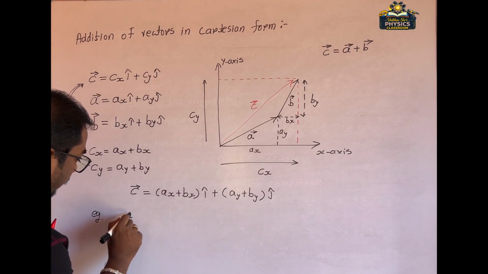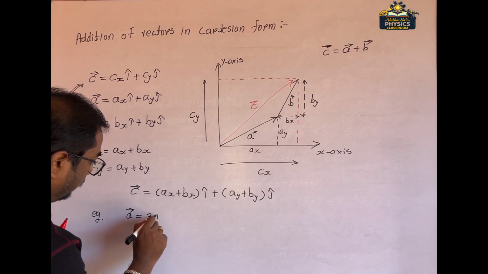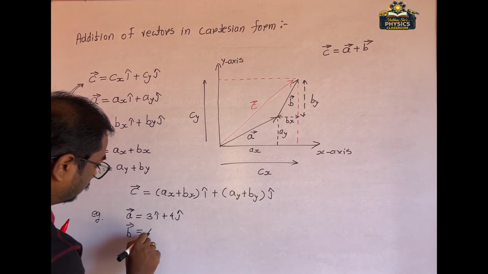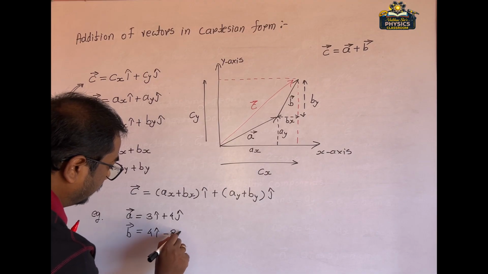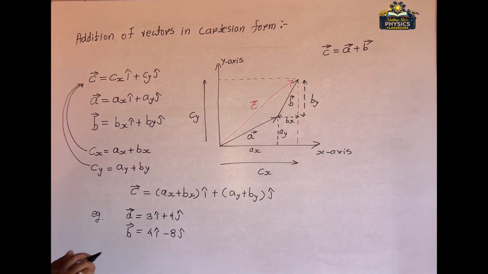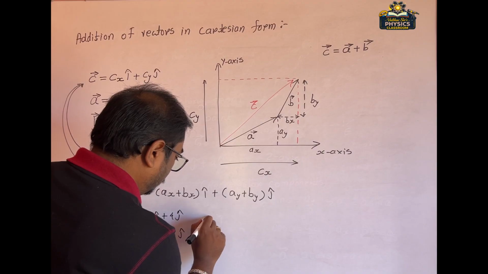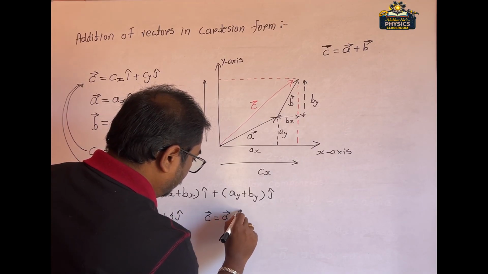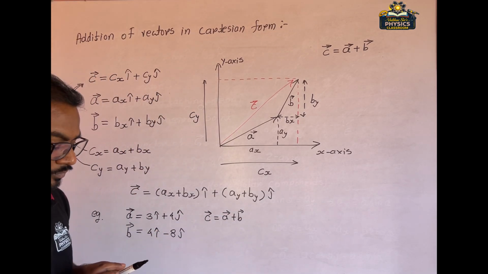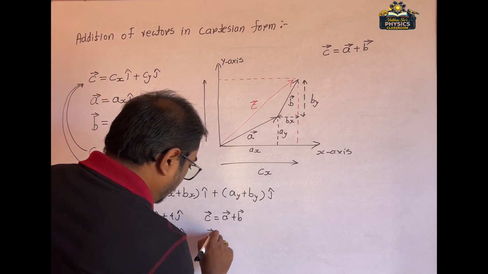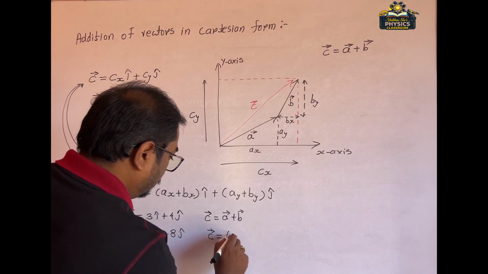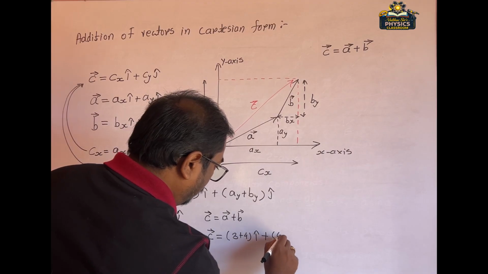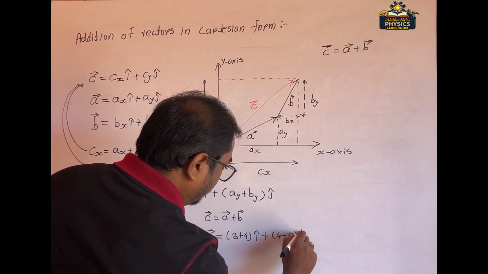Okay. For example, we can take one example also. If I take A vector is 3 I cap plus 4 j cap and B vector is 4 I cap minus 8 j cap. So what is the addition? C vector is A vector plus B vector. This is the summation. The resultant vector will be (3 plus 4) I cap plus (4 minus 8) j cap.